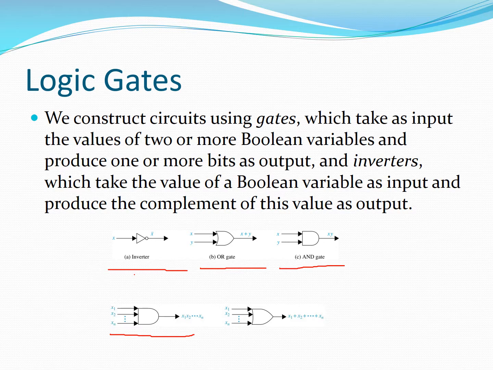Here is an AND gate that is taking multiple inputs and producing an AND of all of these inputs. And here is an example of an OR gate which is taking multiple inputs and producing an output which is the OR of all of these inputs.